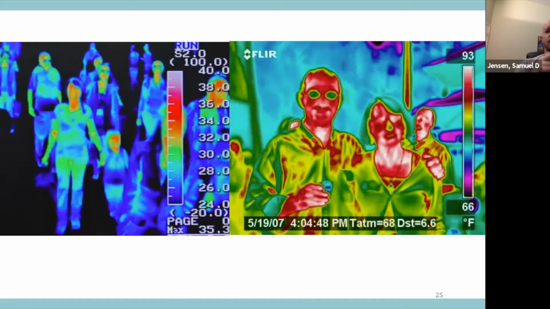This has come back up recently, now that we need to screen people at a distance, to tell whether or not you're running a fever before you go through checkpoints. It doesn't work as well, obviously, as a regular thermometer.